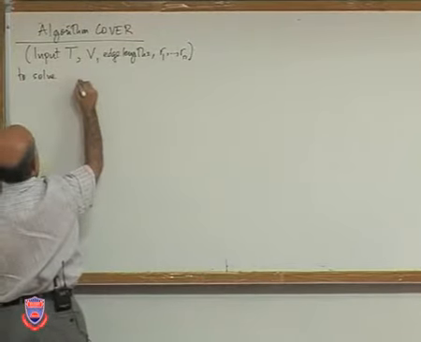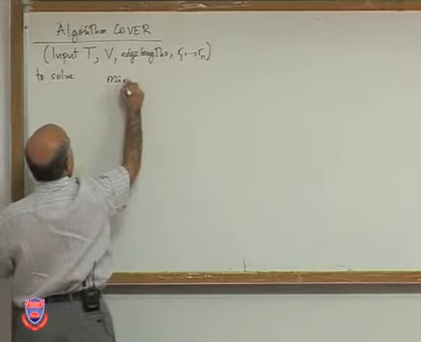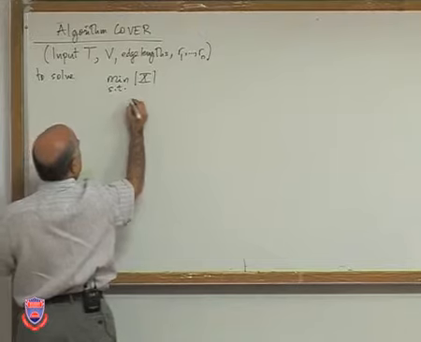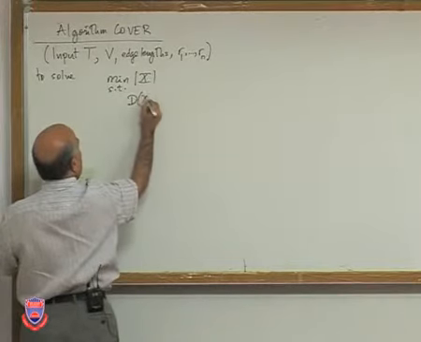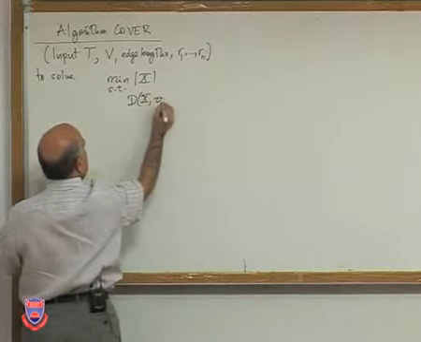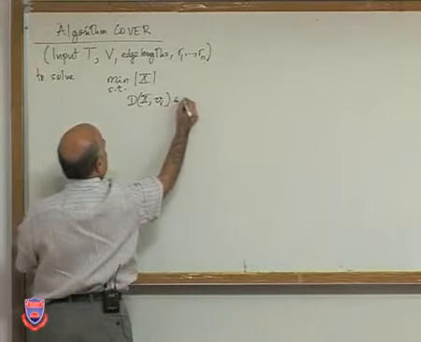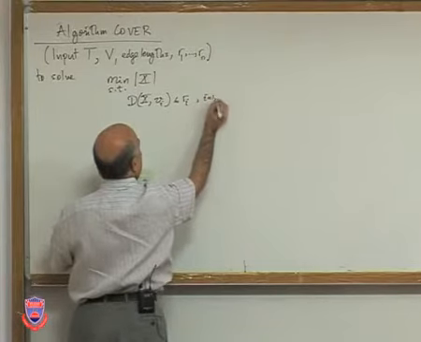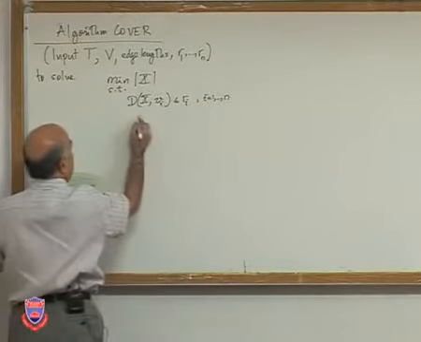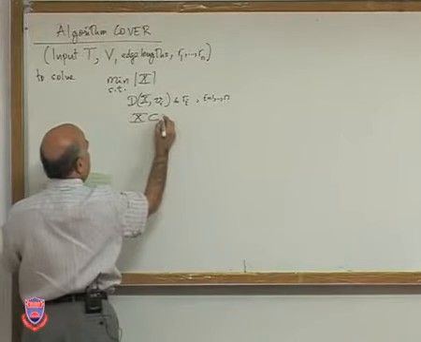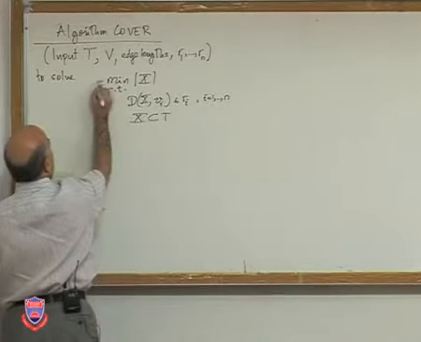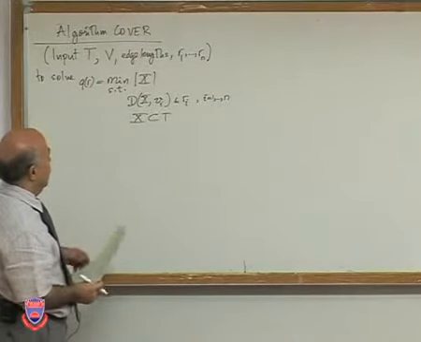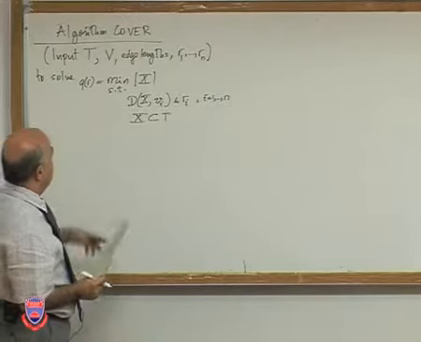To solve the problem of minimizing the cardinality of the set X subject to each closest distance to each vertex being less than or equal to some number Ri, and X is to be chosen from the tree.